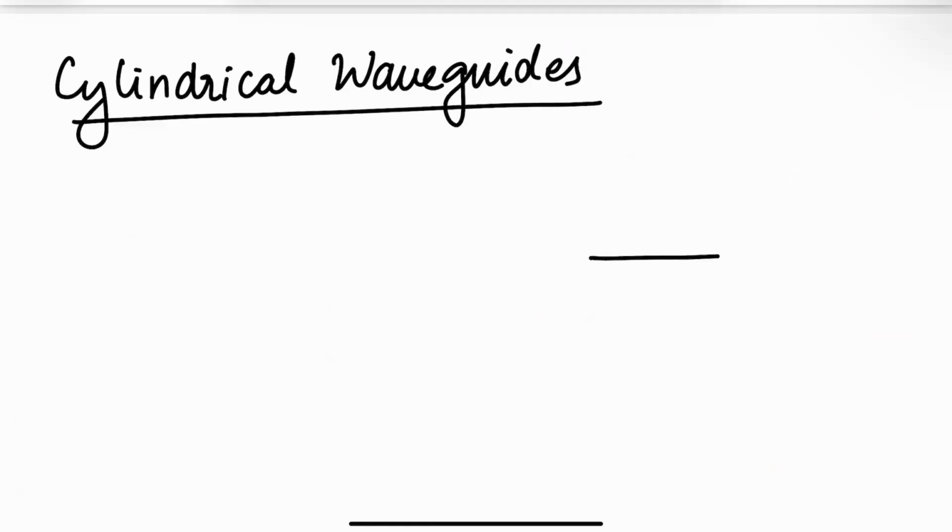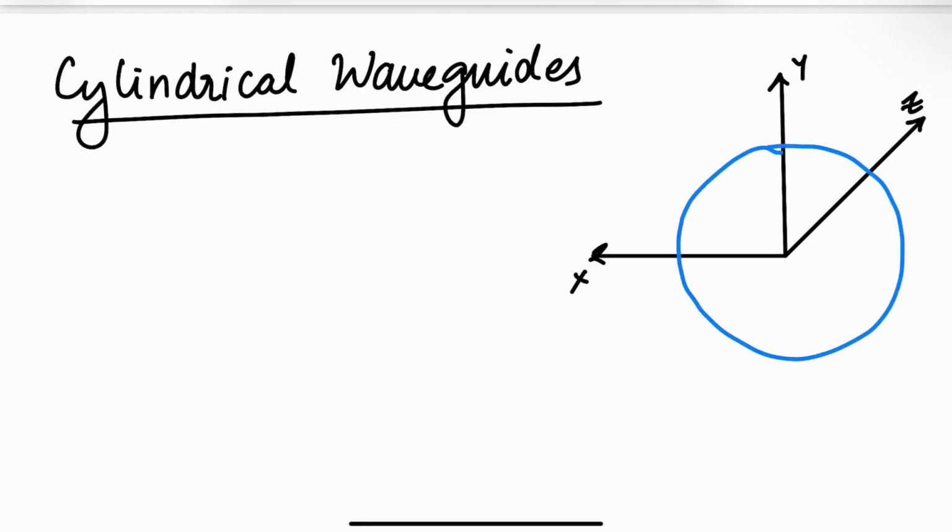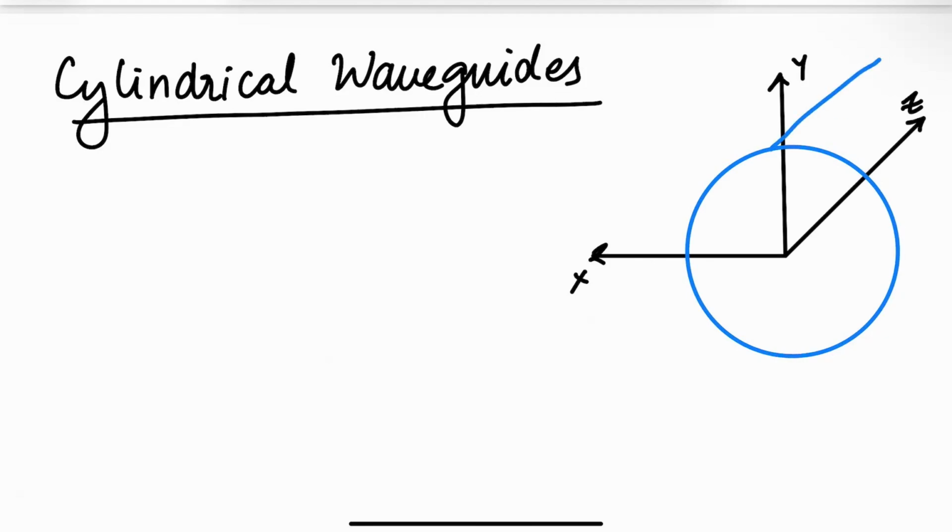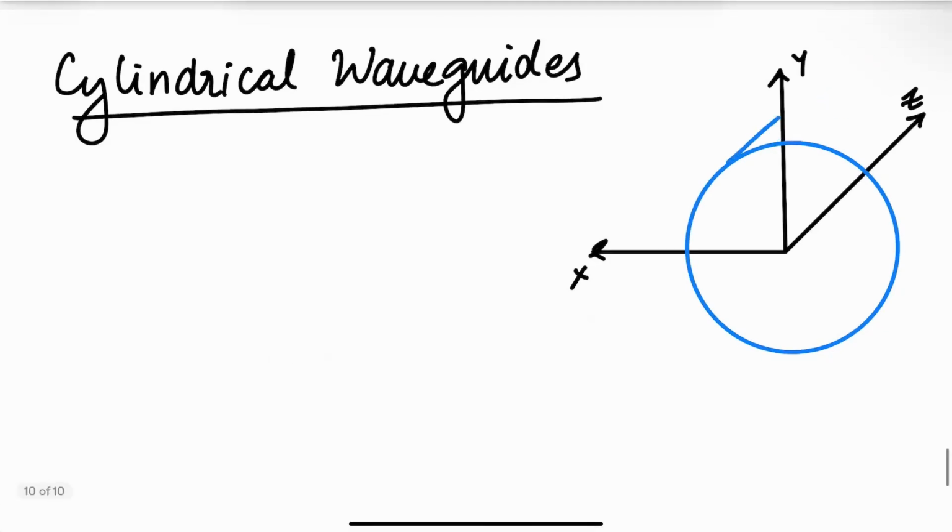I'll make a coordinate system, X, Y, and Z. My waveguide geometry is something like this, and it goes out like that.